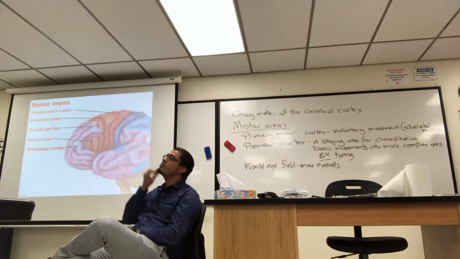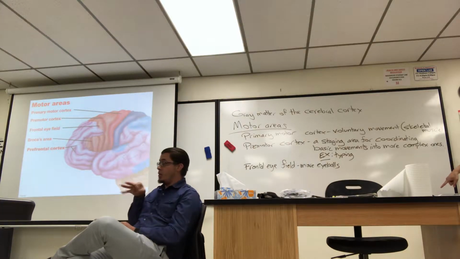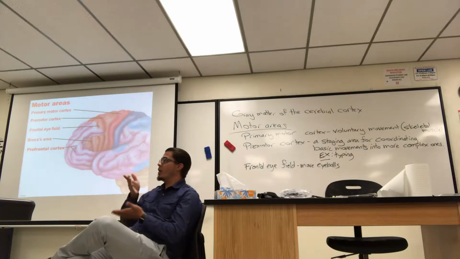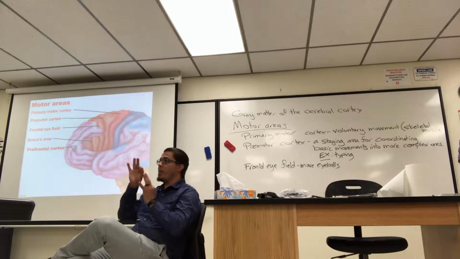If I want to look down and to the right, this eyeball has to look down and laterally. The other eyeball has to look down and medially. Okay, I mean, you don't think about these things, you just do it. You just move your eyeballs and you take it for granted. You have a part of the brain that allows you to move your eyeballs, makes it easy for you.